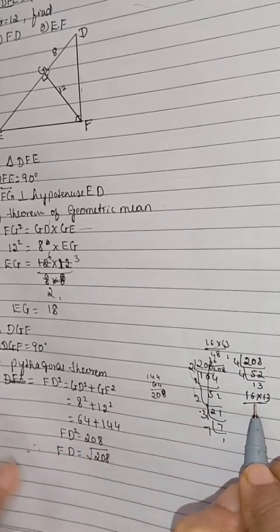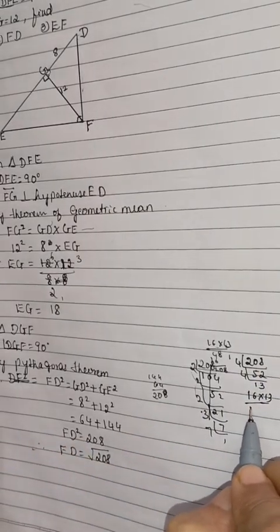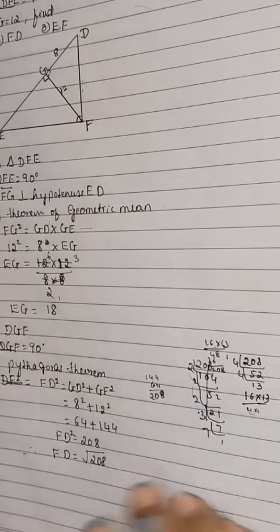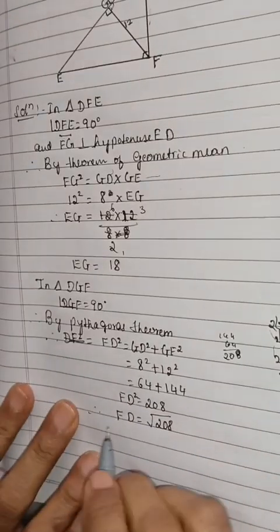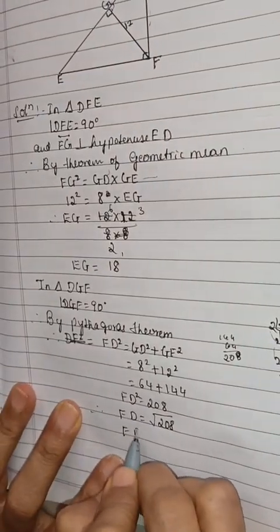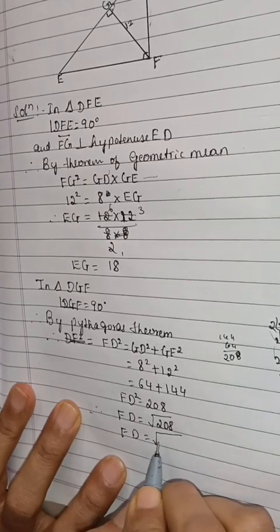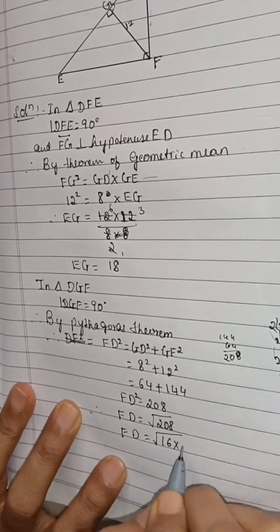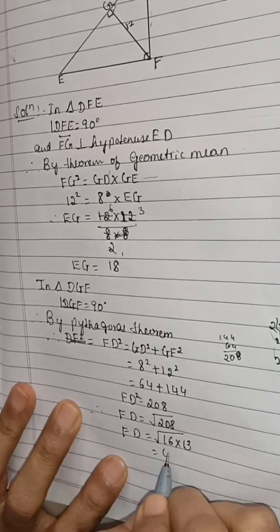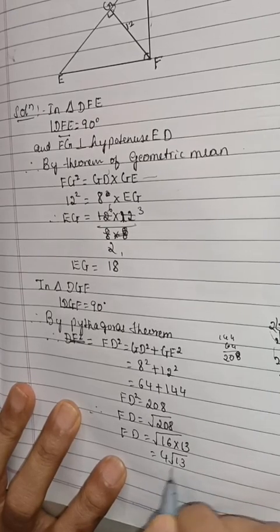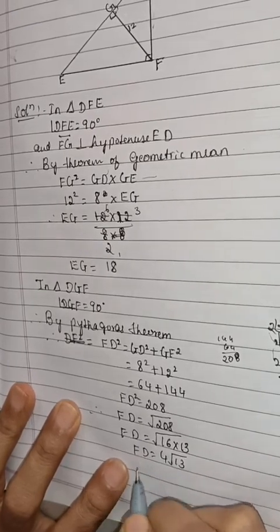So you can take 4 multiplied by 4, that's 4, you can take it out of the square root. So FD is 16 into 13, that is 4 root 13, that is FD.